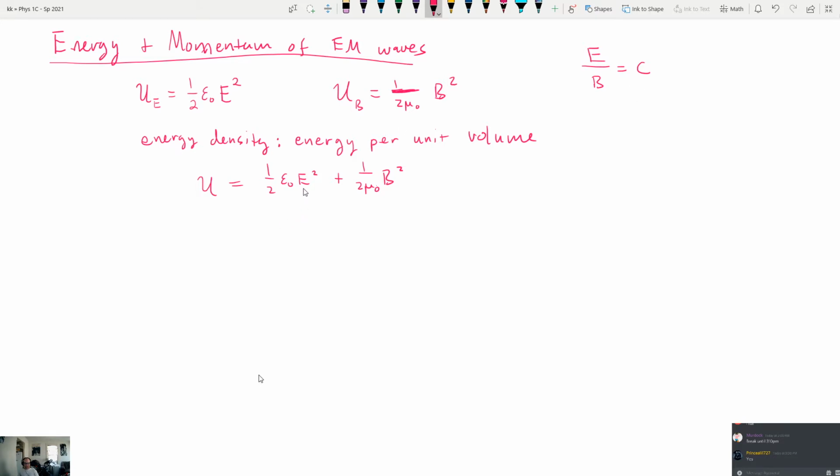So we can use that to simplify our equation right here. Instead of B squared here, we're just going to say that B is equal to E over c. So we're going to have E squared over c squared.